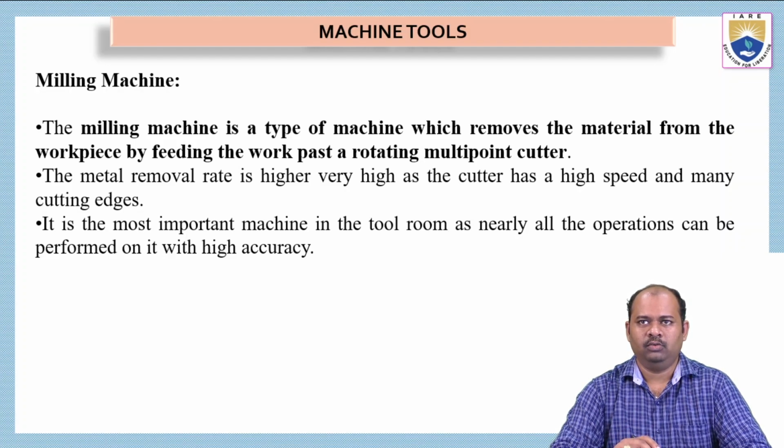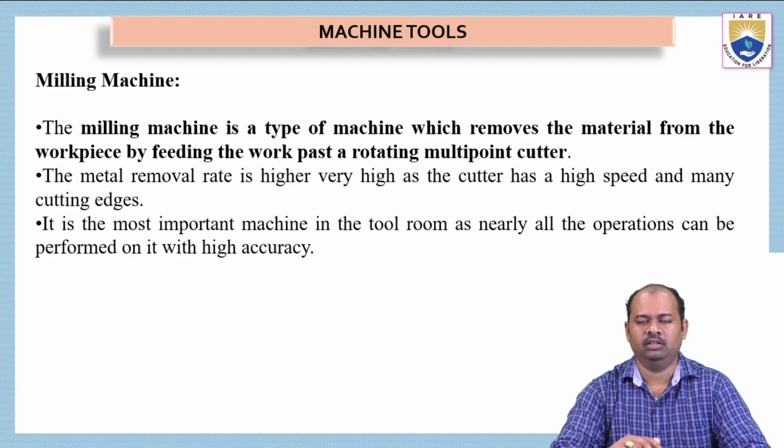So first of all, what is a milling machine? A milling machine is a type of machine which removes material from the workpiece by feeding the work past a rotating multi-point cutter. The milling machine is also very similar to a lathe machine, where it is used to remove material from the workpiece.